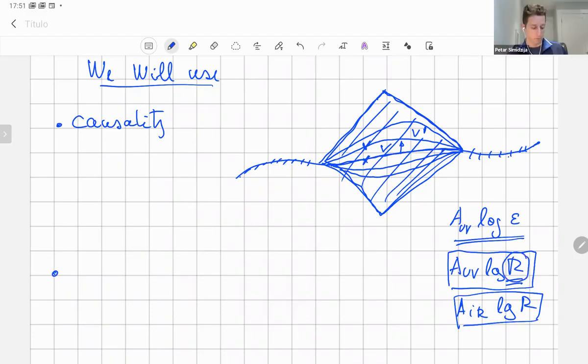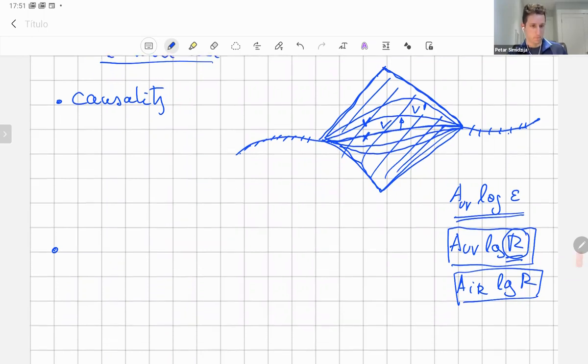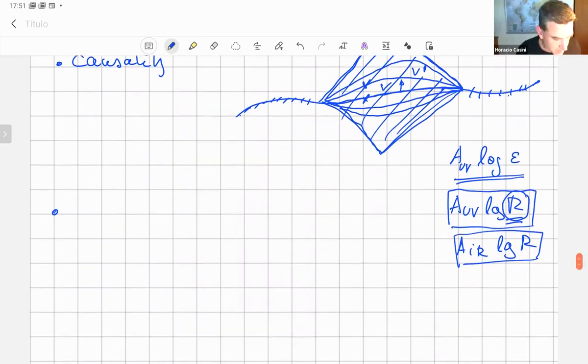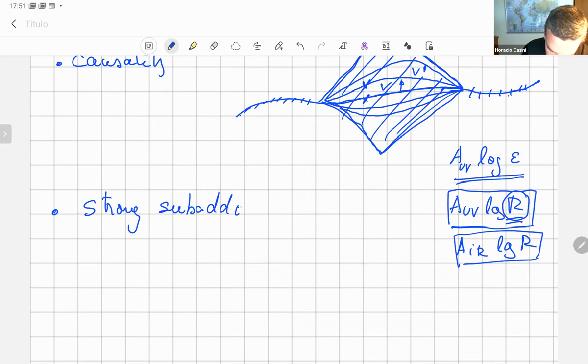Yeah, great. Thank you. So the second thing that we will use is an inequality, strong subadditivity, that I think you have already seen.